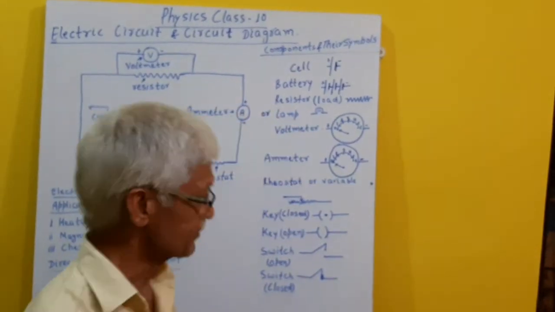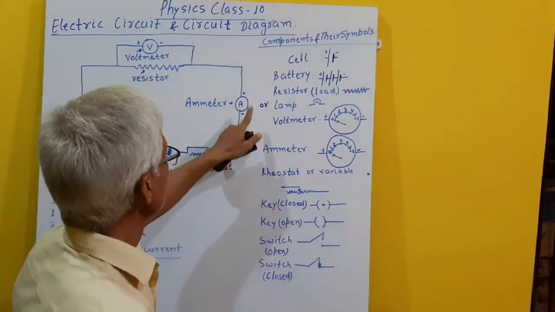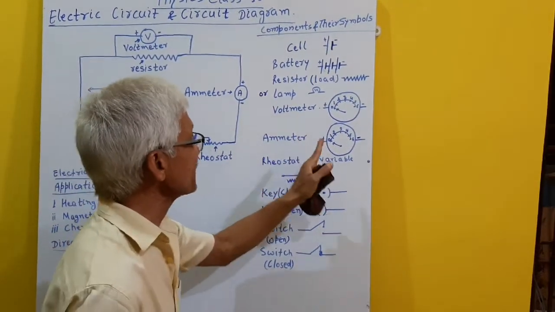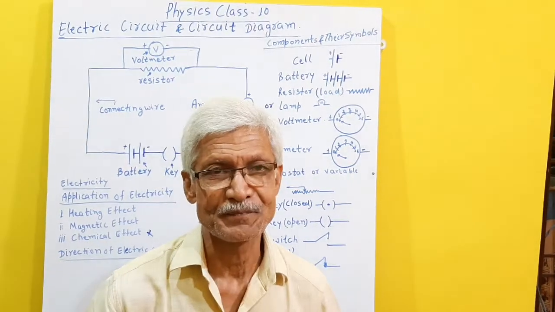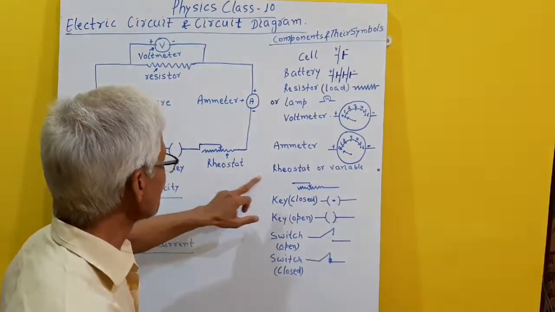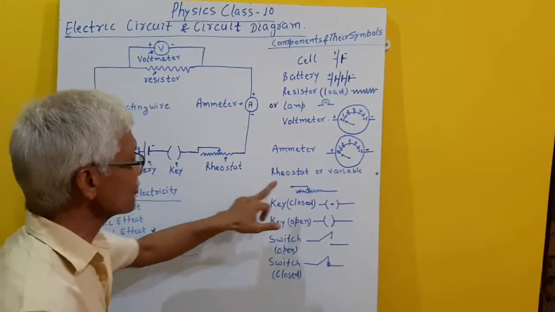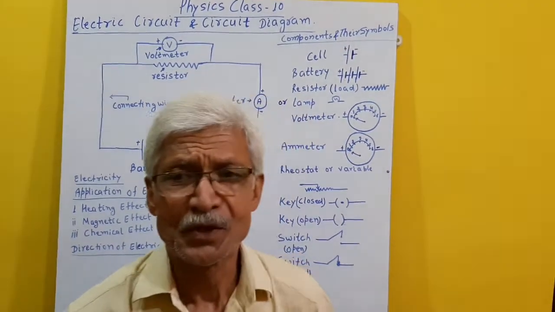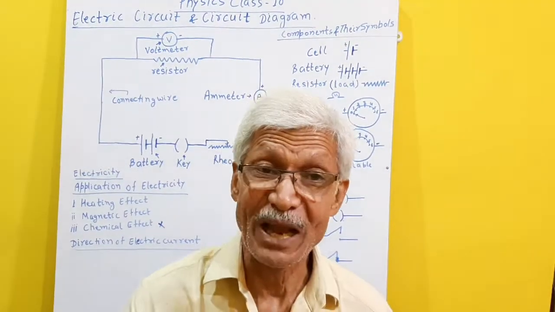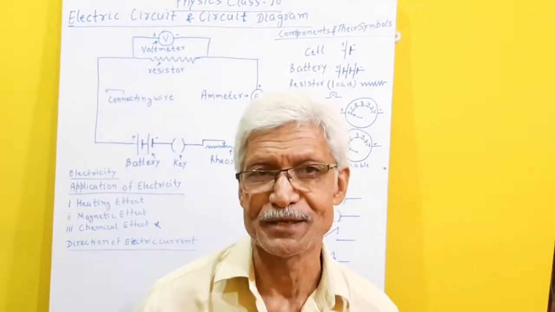An ammeter is always connected in series in the electric circuit. Next is the rheostat, also known as a variable resistor. Actually, a rheostat is used to change the value of current in the electric circuit.